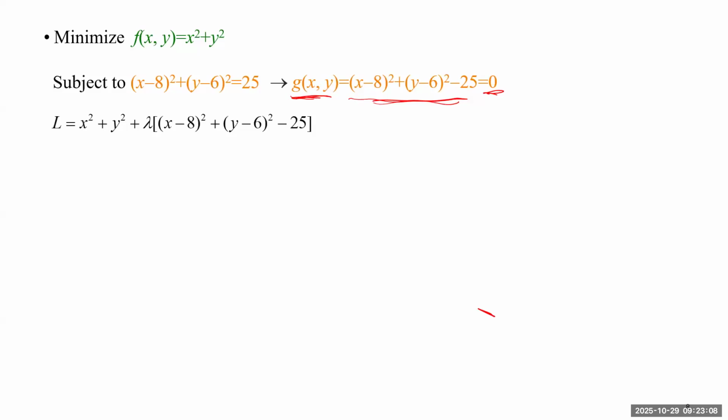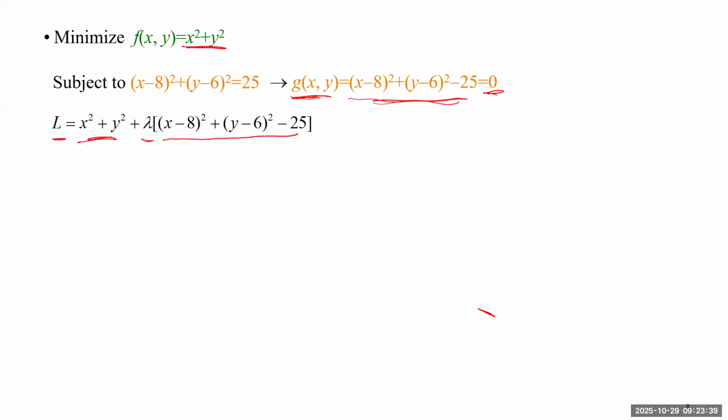Next, we introduce the Lagrangian function. The first part will be exactly the original nonlinear cost function, and the second part will be g of x, y multiplied by a multiplier lambda. Because in this case we only have a single equality constraint, we only need one lambda. If you have two constraints, you need two lambdas.